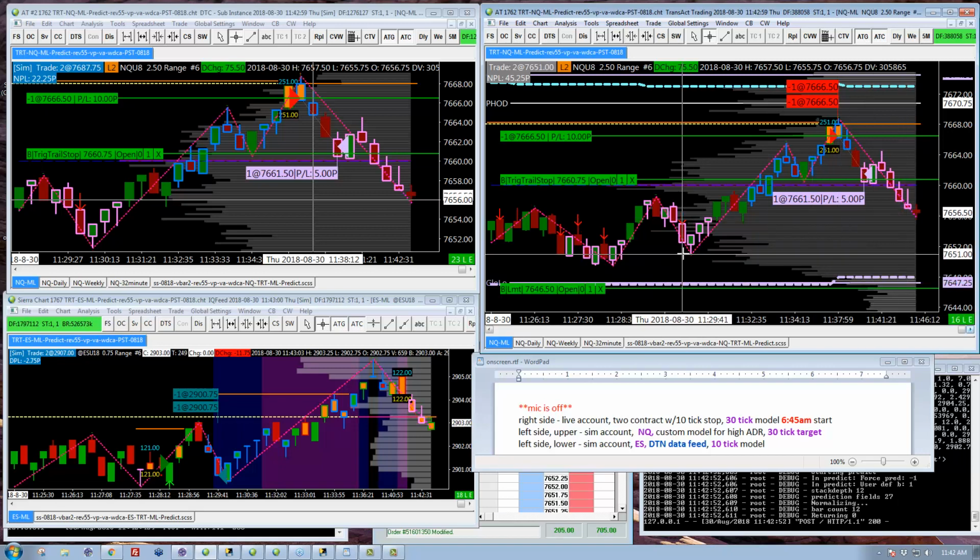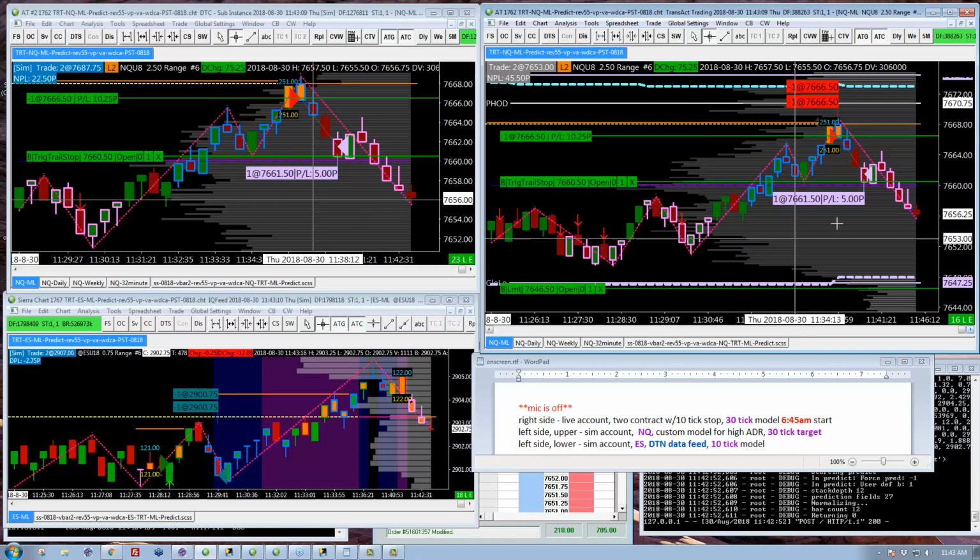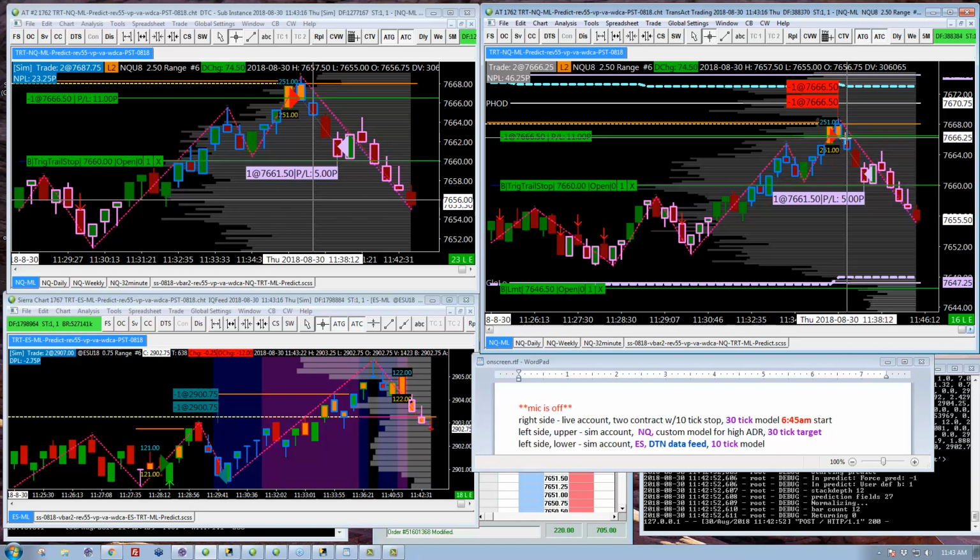One of the things I'd be concerned about is if we break through down here, I suspect the system will add, and it's something to think about, because the auto add system is really designed to get in 30 ticks or so after you've gotten filled.